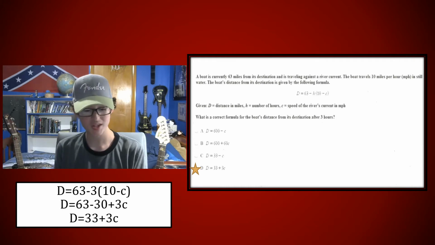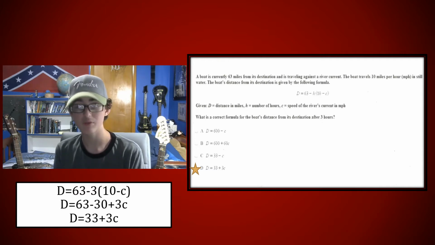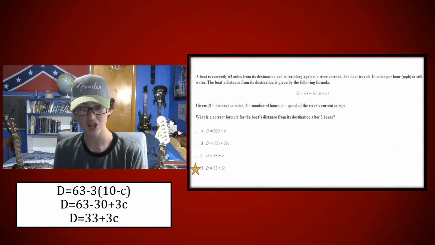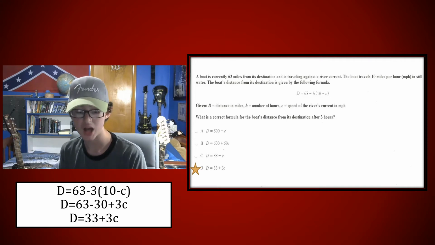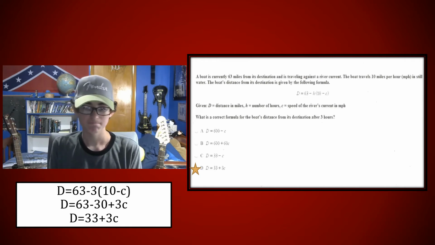A boat is currently 63 miles from its destination and is traveling against a river current. The boat travels 10 miles per hour in still water. The boat's distance from its destination is given by the following formula. D equals 63 minus h times t minus c. Given D is equal to the distance in miles, h is equal to the number of hours.